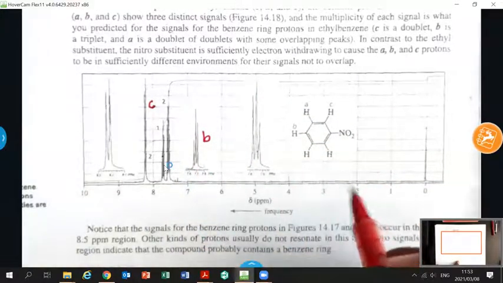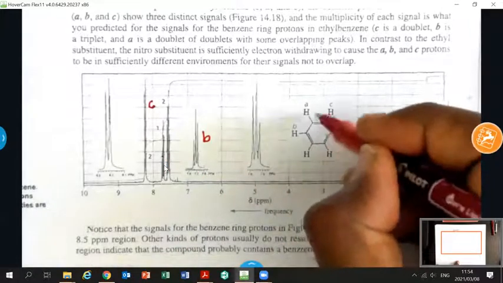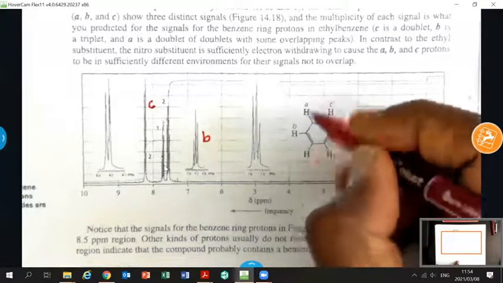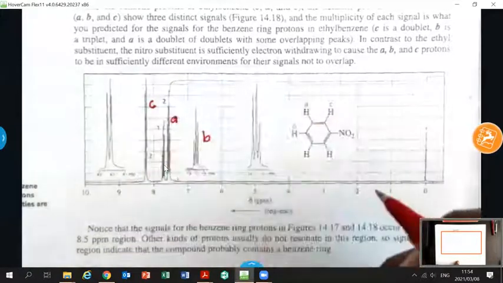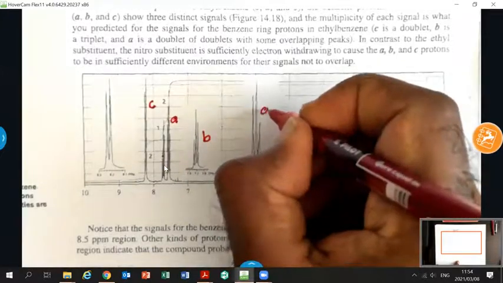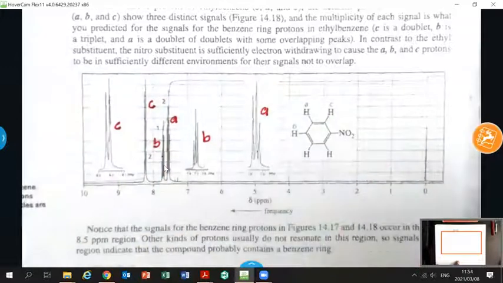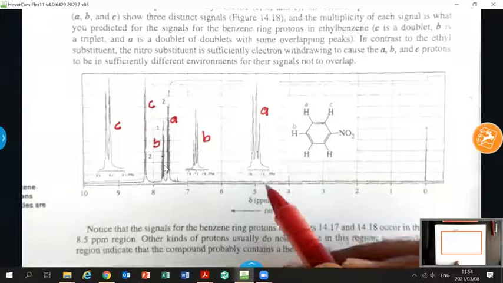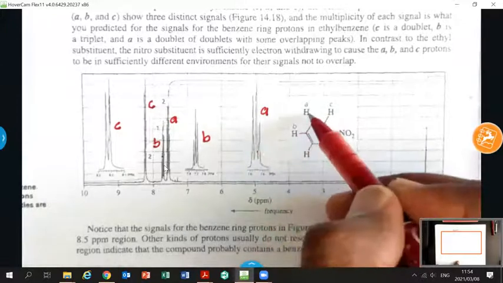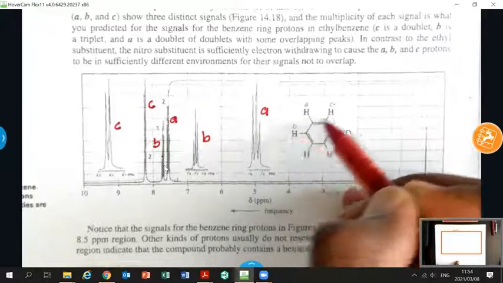Now, unfortunately, you also find a triplet here for these two protons that we have for A. So the remaining resonance we have is A. This is the expanded version of A. So that's B, that's the expanded version of C. And if I look at the expanded version of A, it looks like a triplet, but it's not exactly a triplet because C and B are not equivalent.